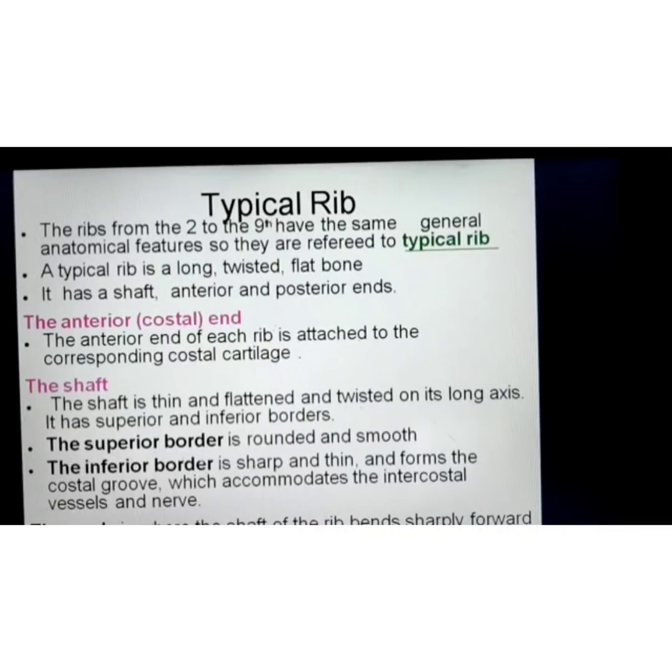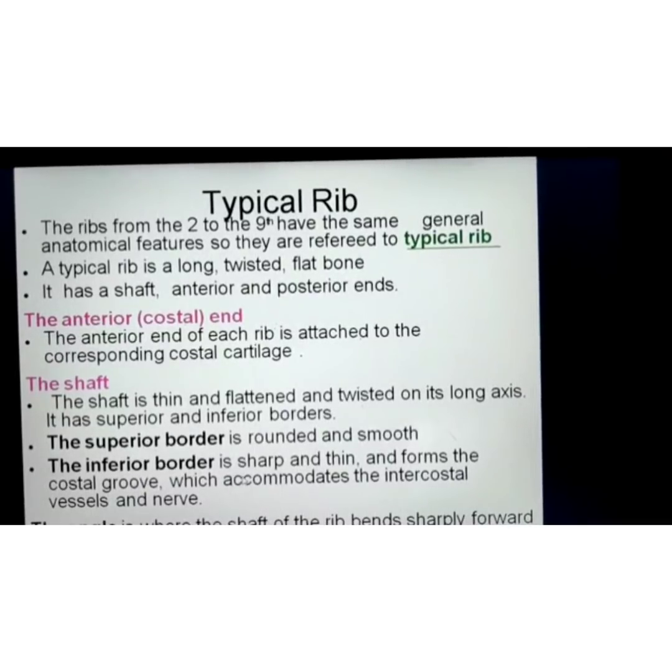The inferior border is sharp and thin and forms the costal groove, which accommodates the neurovascular bundle: the intercostal vein, artery and nerve. VAN, VAN, you have to remember the costal groove of a typical rib. It lodges the neurovascular bundle, which contains vein, artery and nerve.